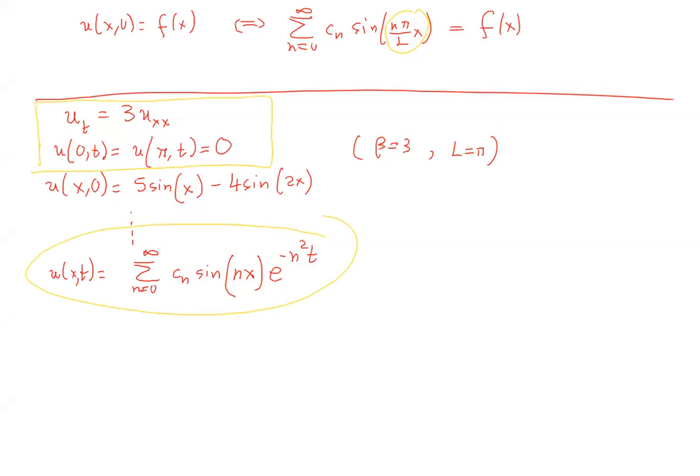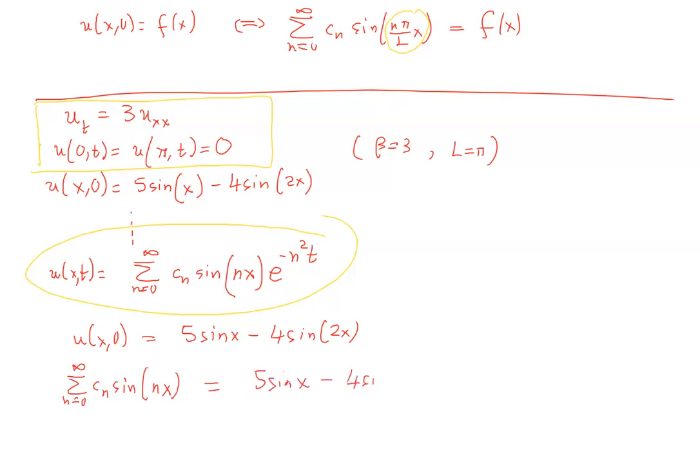So we want u of x, 0 to be 5 sine x minus 4 sine 2x. Which means that the sum from n equals 0 to infinity of Cn sine of nx has to be equal to 5 sine x minus 4 sine of 2x.